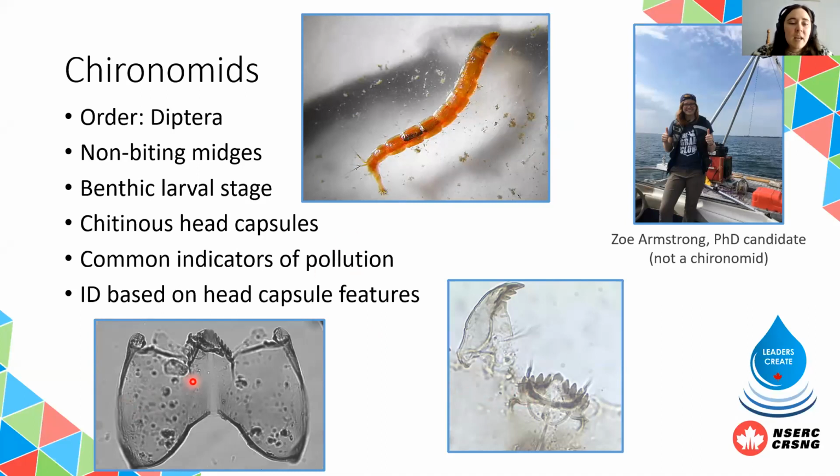So this is just a photograph taken through a microscope of what one of these preserved head capsules looks like. And these capsules have different features that you can use to identify the taxon that you're looking at. So things like the mentum, which is like the teeth here, the mandibles, the ventromedial plate, and other features. So you can use that to identify typically to genus.